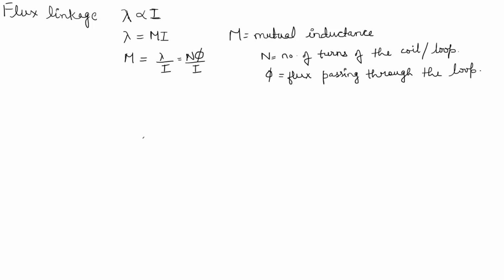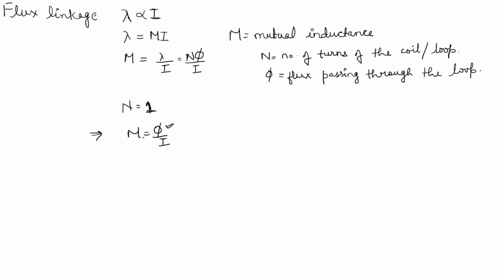In our case, we were given just one square loop, so N is equal to 1. Hence, our equation becomes M is equal to phi by I. Now what we have to find is phi.